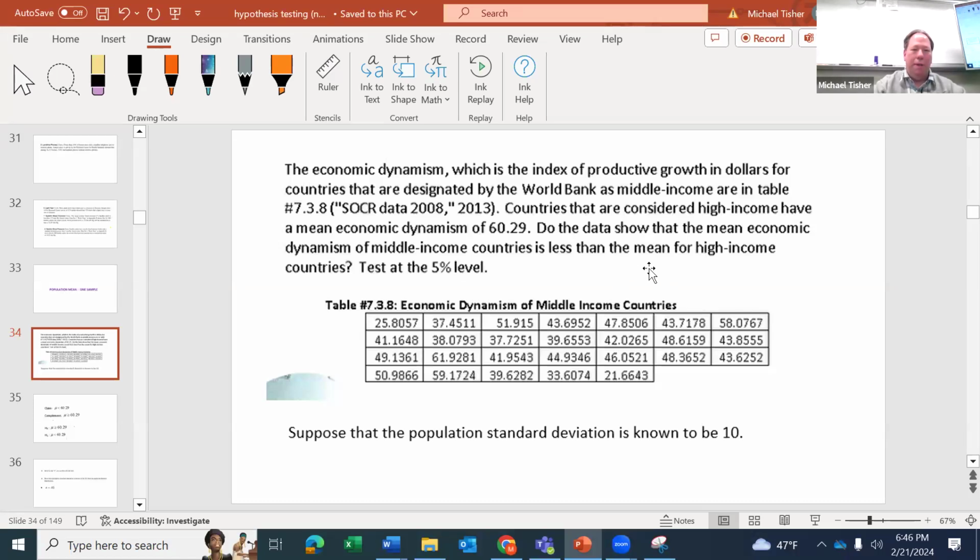We're given that the economic dynamism for high-income countries is 60.29. I was talking about the mean, so this will be the symbol mu. So mu is going to be less than 60.29.